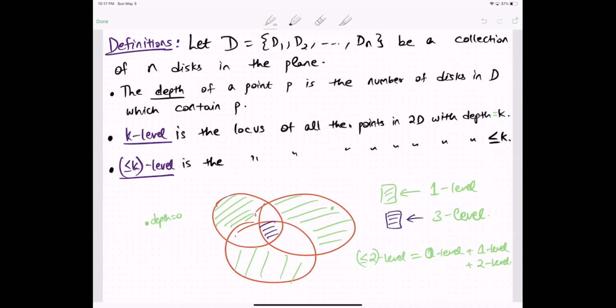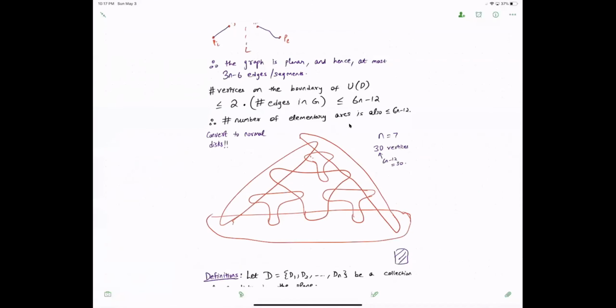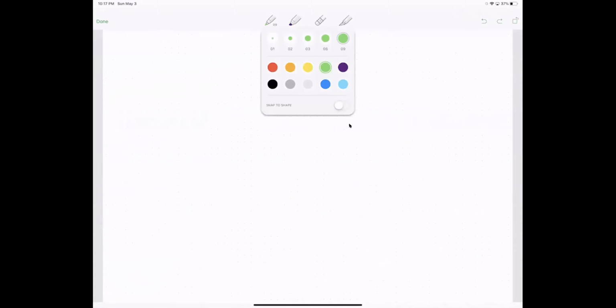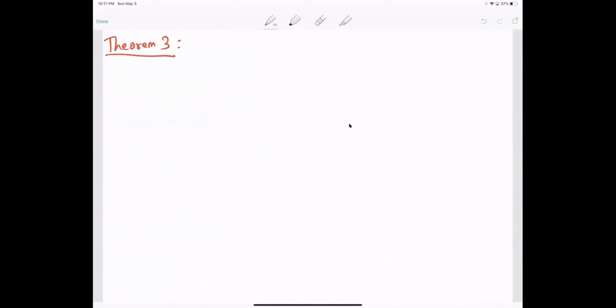Okay, so in some sense, we'll now try to generalize the previous theorem that we stated. Call it theorem 3. Let me write down the statement.